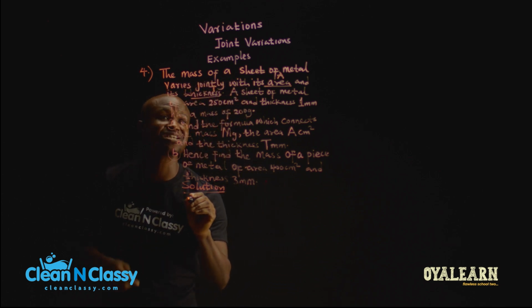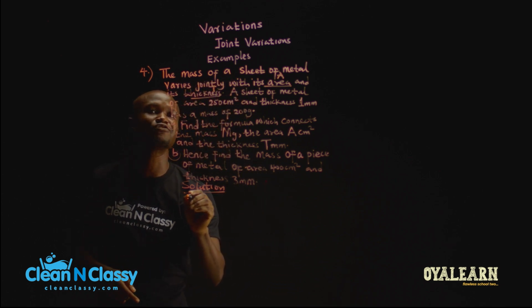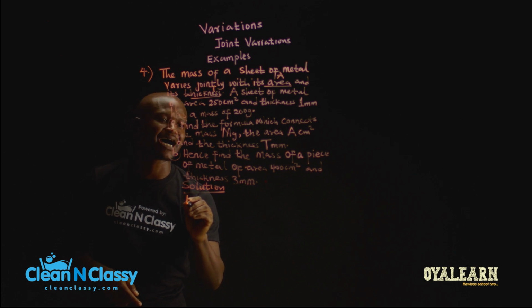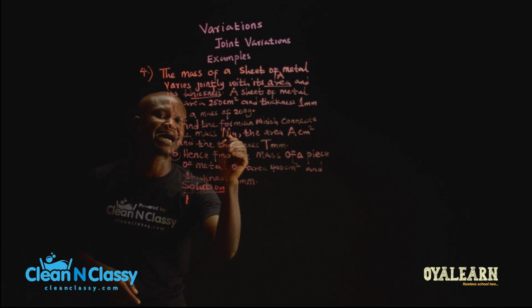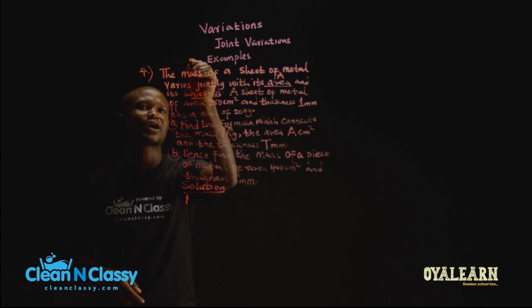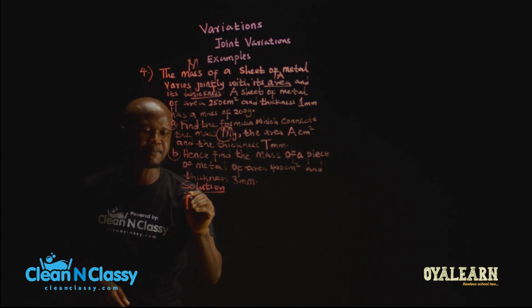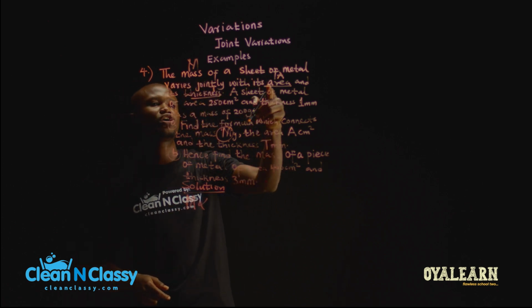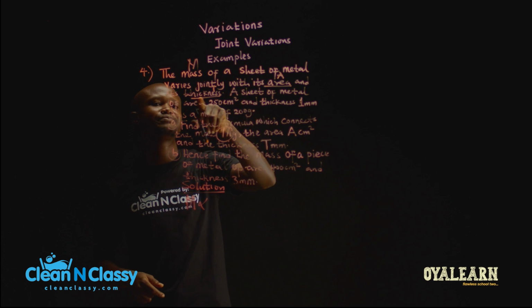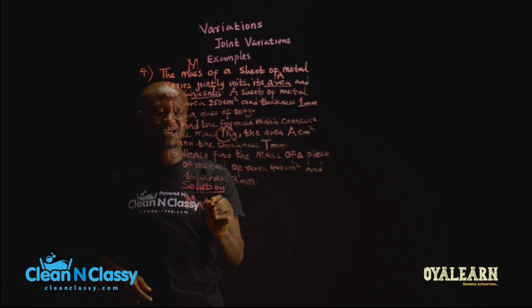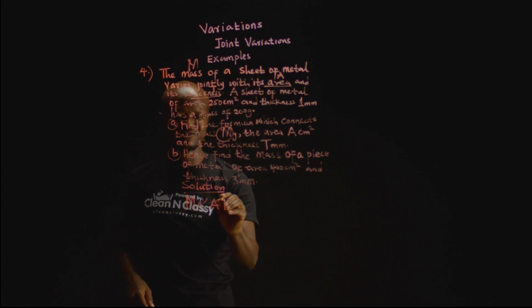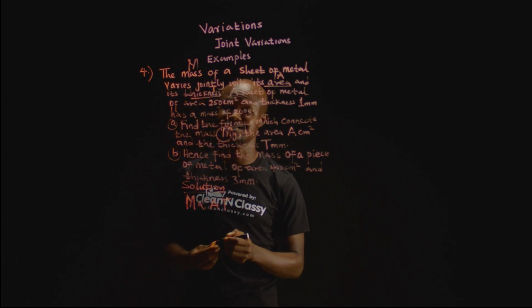So now let's interpret that. The mass is represented by M. Don't forget mass M. So M varies as what? The product of the area, which is A, and thickness, which is T. So M varies directly as AT.